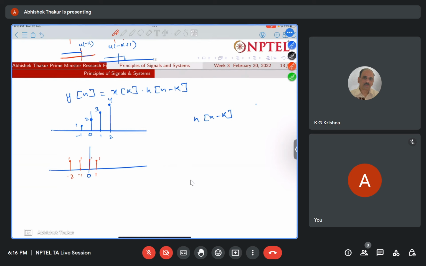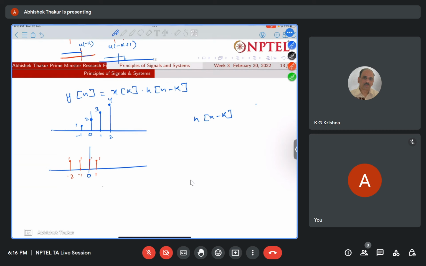So this will be for n is equal to 1. Only at -1 it is 1. So it will be 1 into 1 plus 2 into 1 plus 3 into 1. So it will be 6.